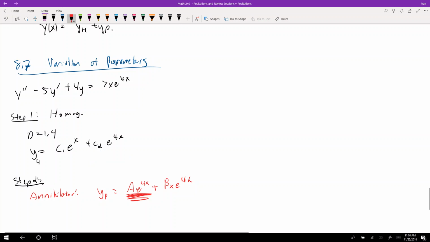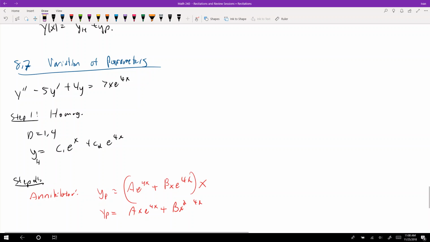So in order to work around that, because this 4 is multiplicity 1 inside the homogeneous solution, we have to multiply by x to the first, but instead of writing x to the first, we just write x. So yp really was ax e to the 4x plus bx squared e to the 4x.